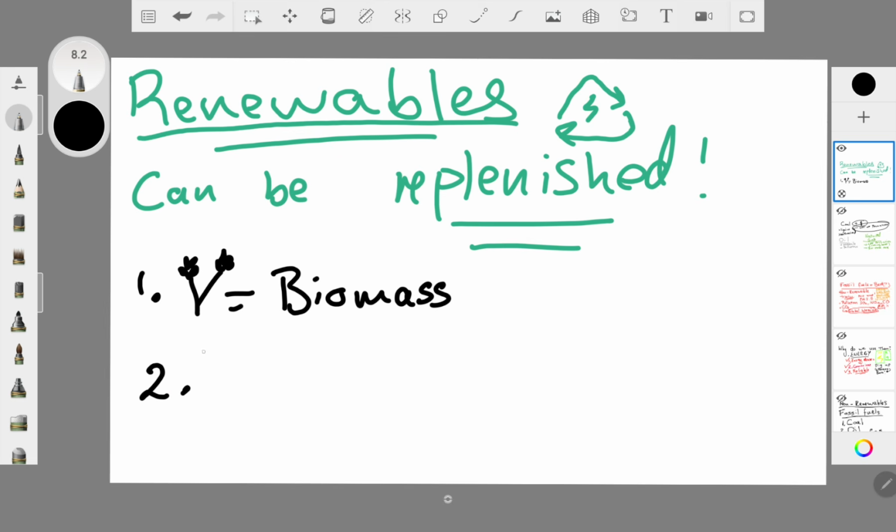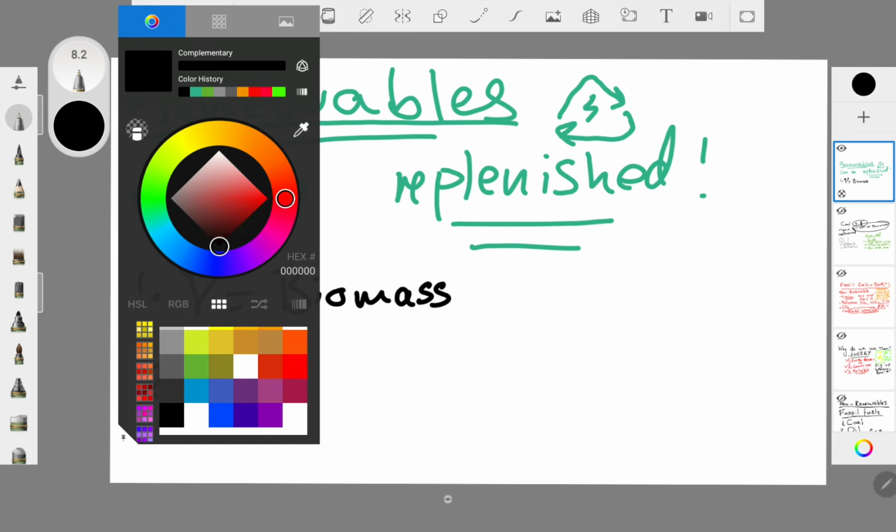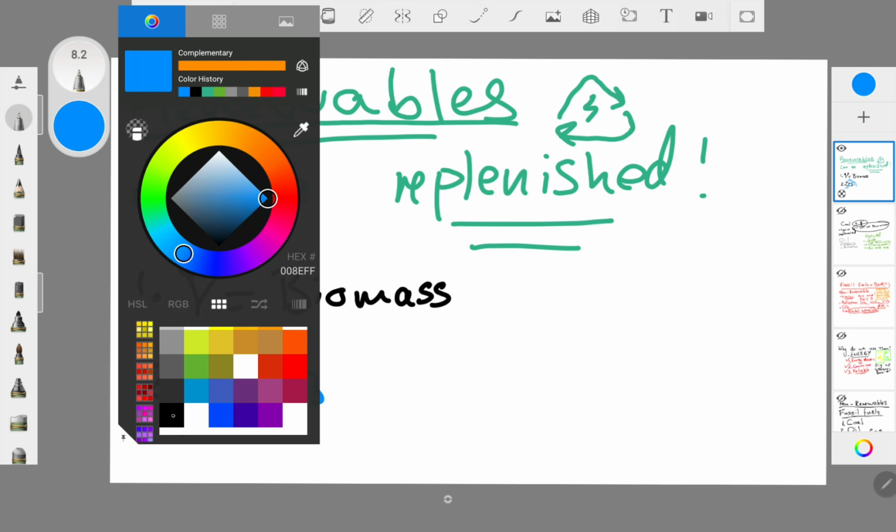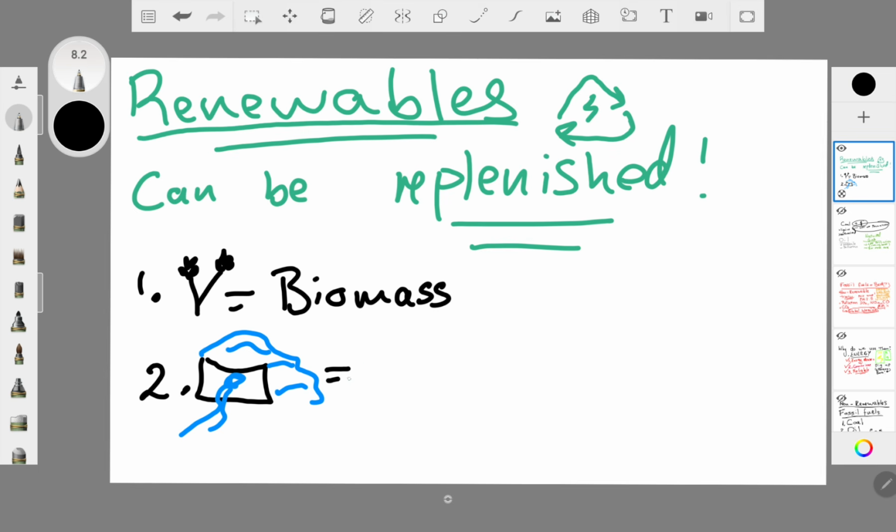Number two, let's say I build a big dam, okay? And I run water through a turbine to make energy. Do you remember what type of energy this would be? Good. It would be hydroelectricity, okay?